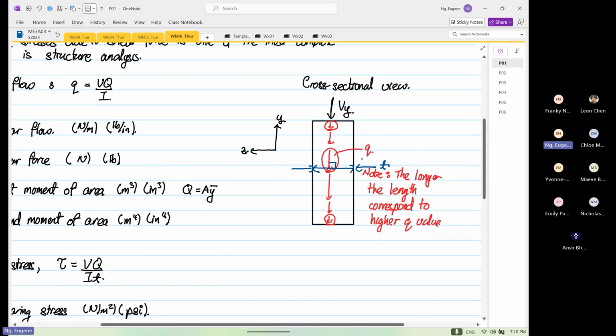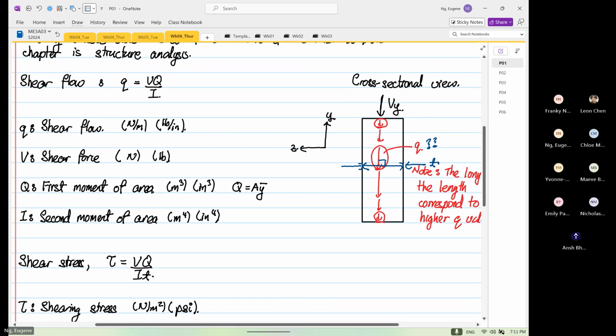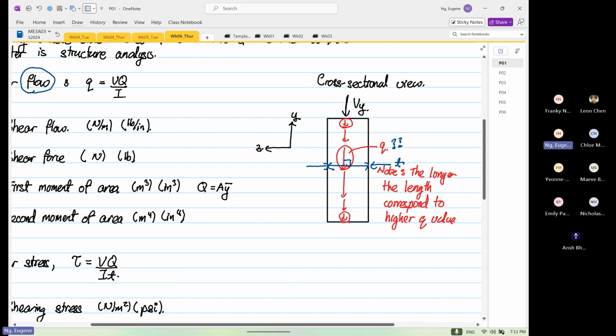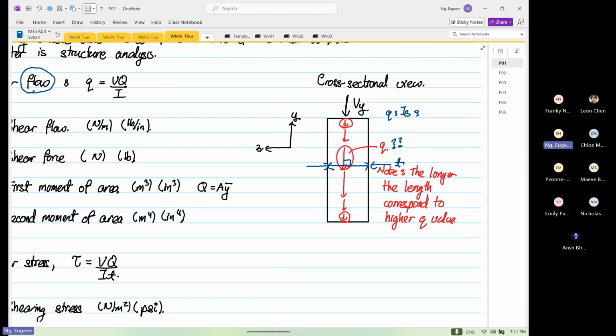Some of you might ask me, what is exactly a shear flow? By looking at the term flow, it's like a fluid flow. Okay, so similarly, Q is similar to fluid flow or current flow if you are into electrical.